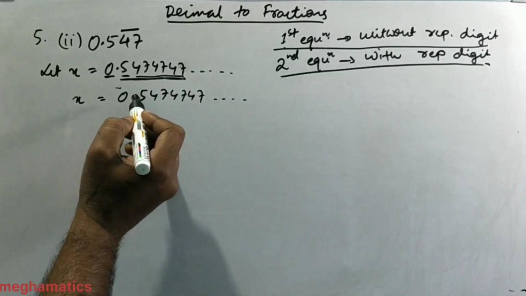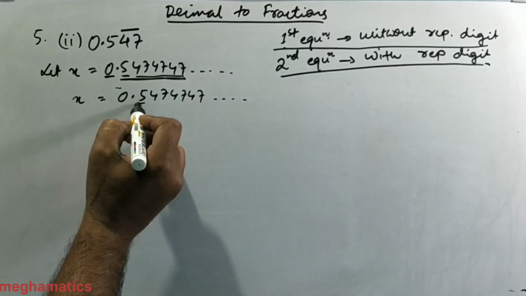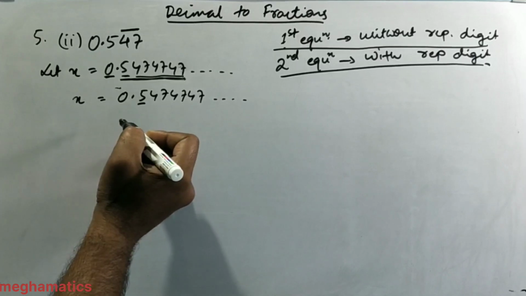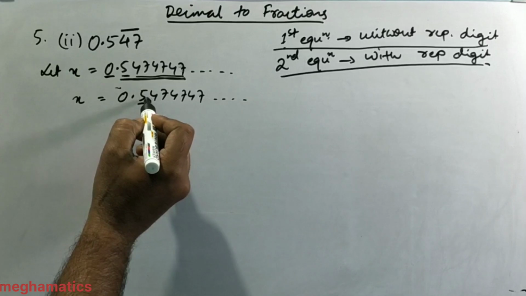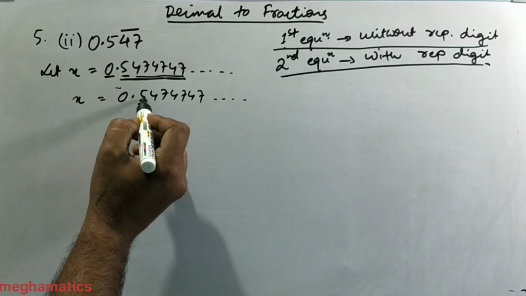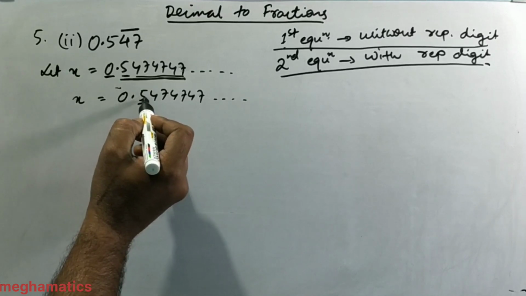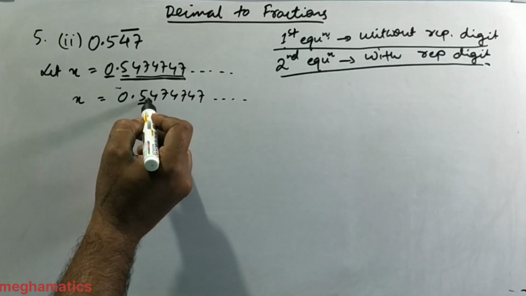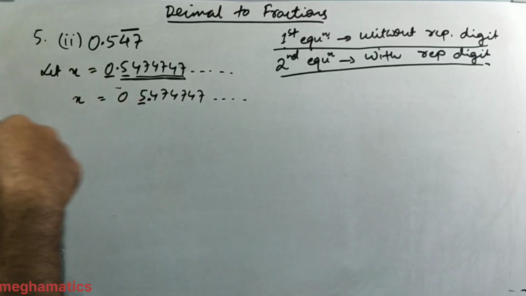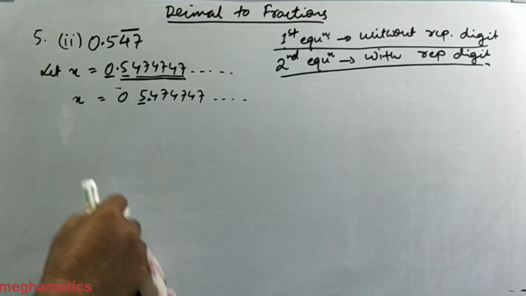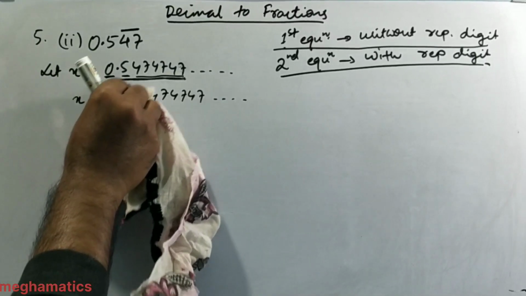Since this 5 is non-repeating, we'll put the point after 5. That means we are putting this non-repeating digit to the left of the decimal, and this decimal will be removed. Since this 0 doesn't have any value, the 0 will be removed.